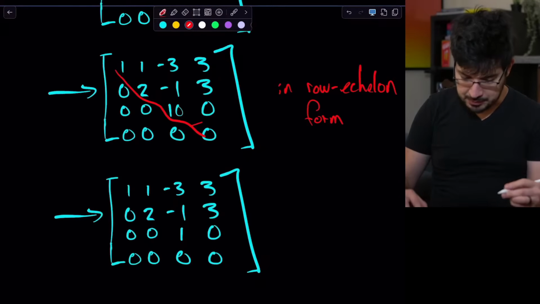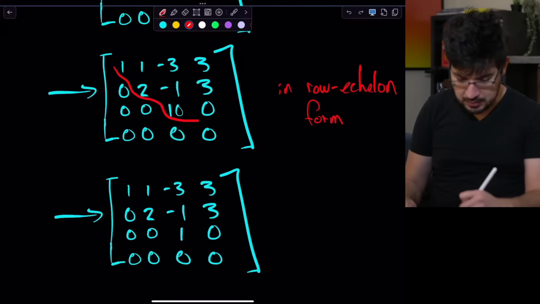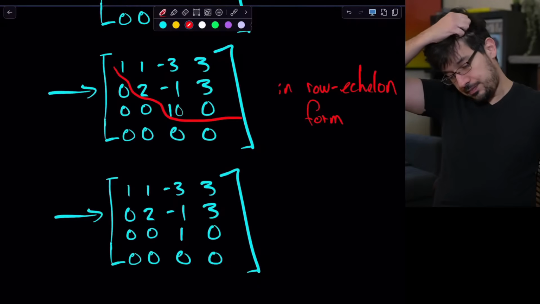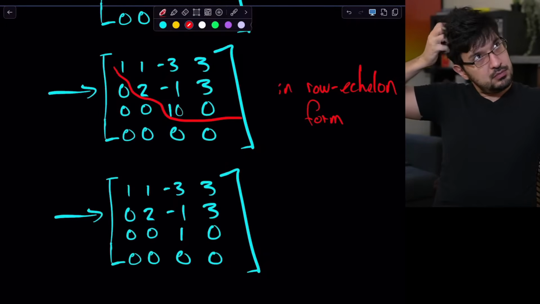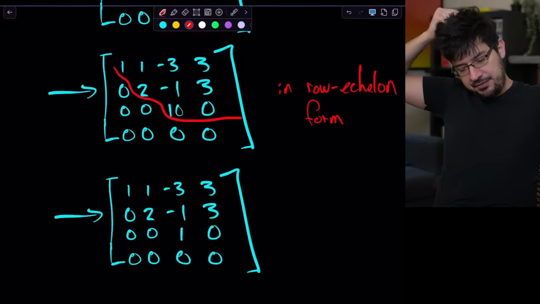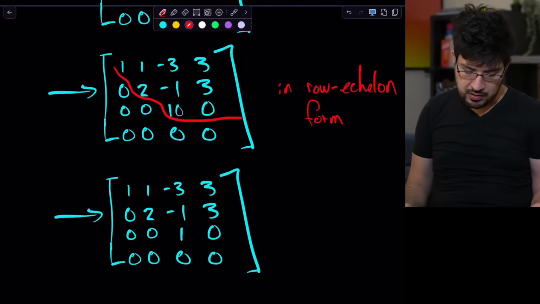It's not exactly upper triangular form, but below any pivot number, which you then have to define, there are all zeros.